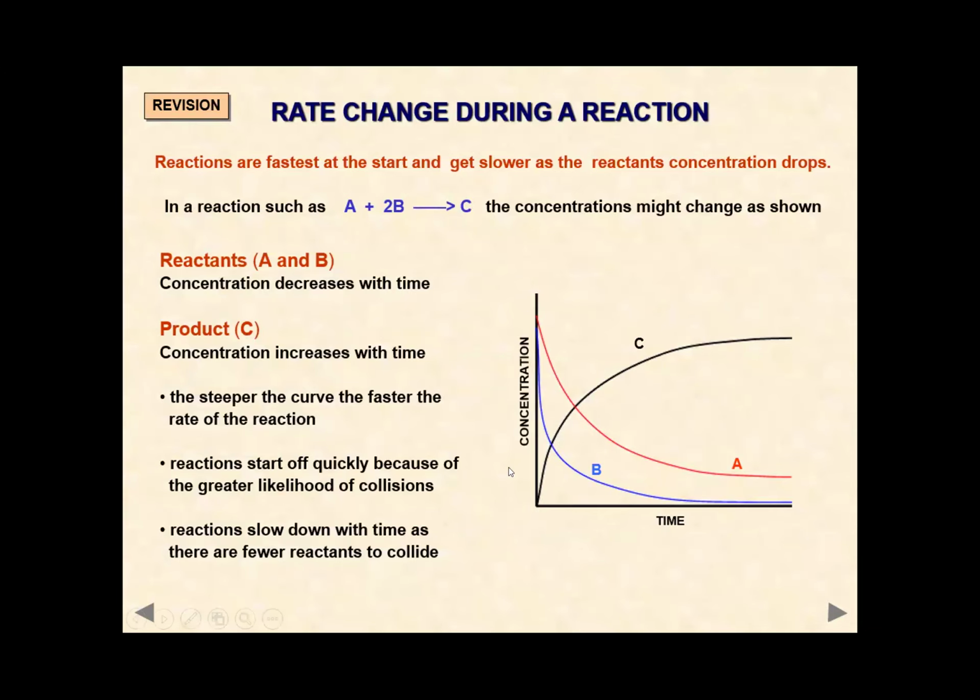So A and B are the reactants. So for the reactants A and B, the concentration decreases with time. And the product, which is C here, the concentration of this product is increasing. You can see if you are going to make a line with the ruler, you will end up here.